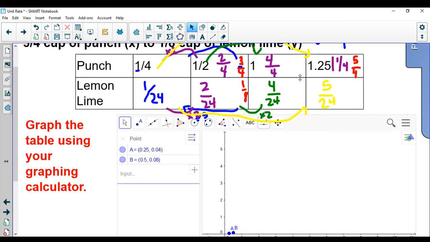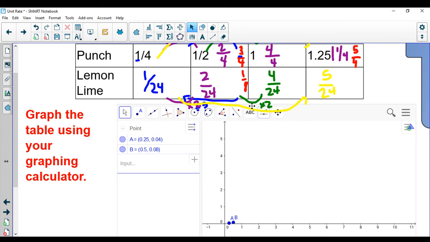All right, next we have 3/4, 1/8, enter. 1, 4/24. And the last one, 5/4 and 5/24, enter.